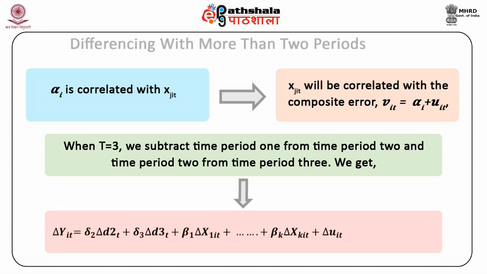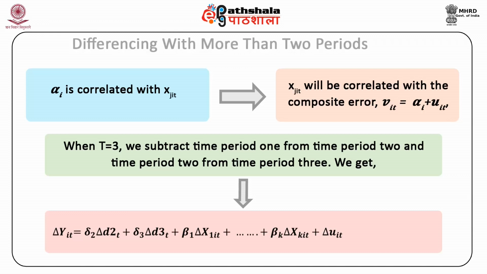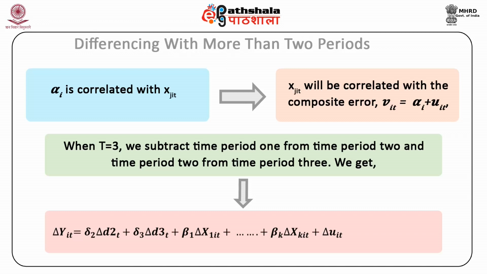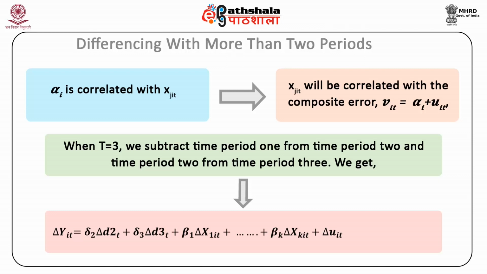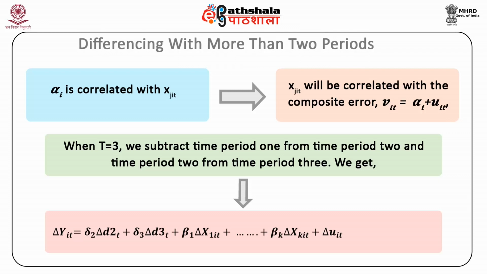We get delta y_it is equal to delta 2 into delta d2_t plus delta 3 into delta d3_t plus beta 1 into delta x1_it plus so on up to beta k into delta xk_it plus delta u_it.